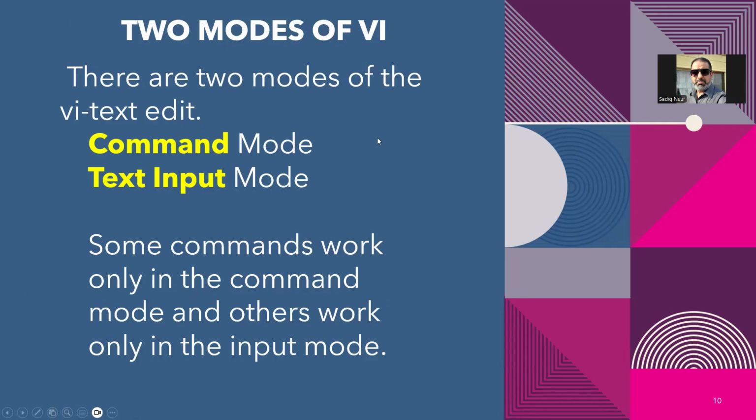There are two modes of the VI text editor: command mode and text input mode. Some commands work only in the command mode and others work only in the input mode.